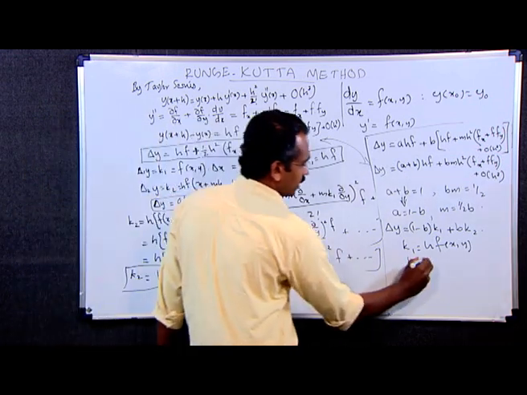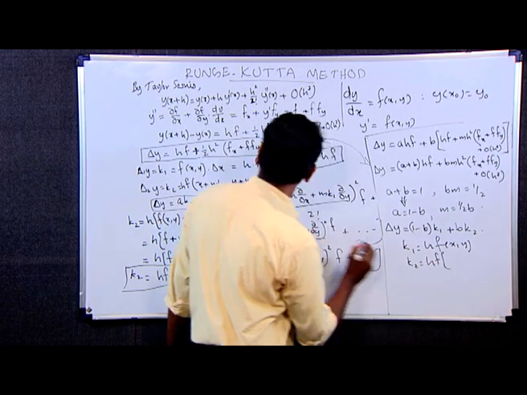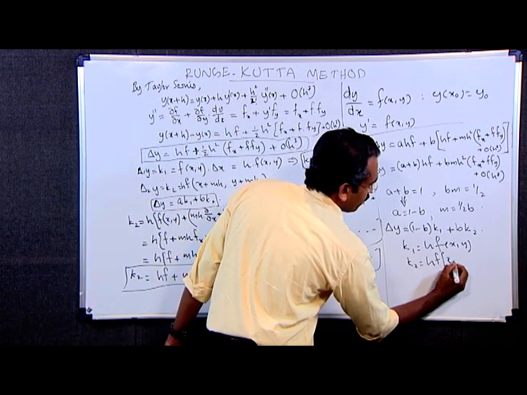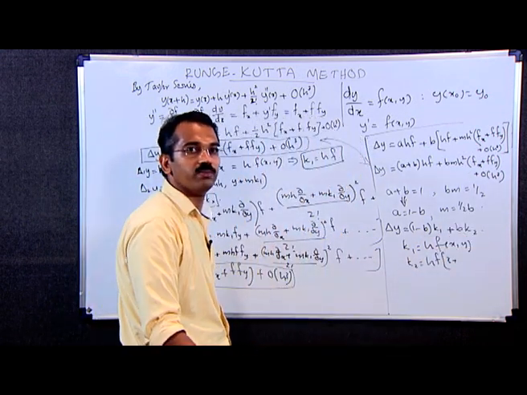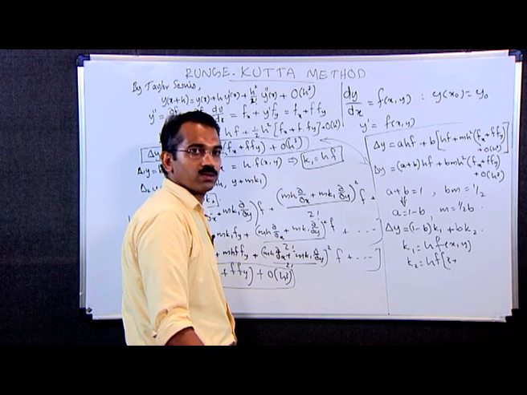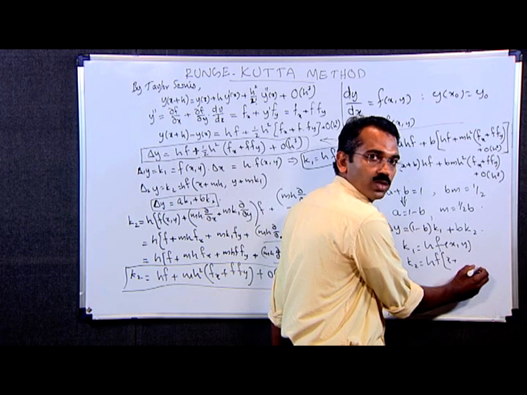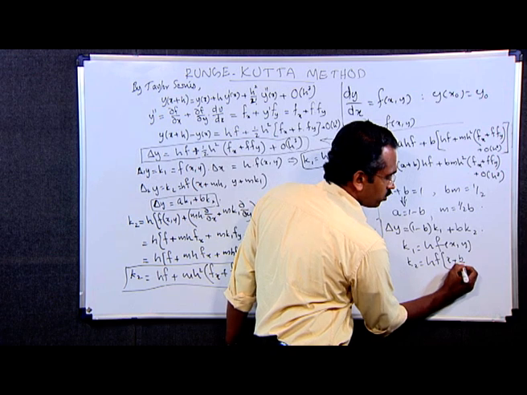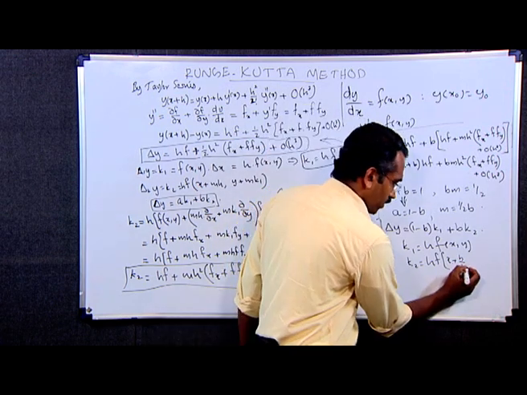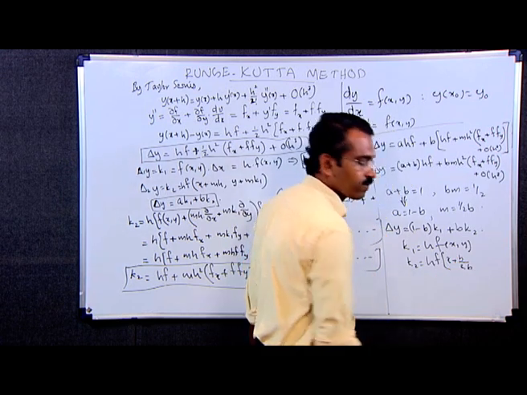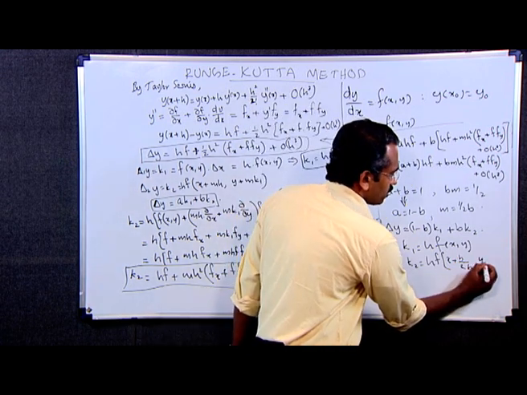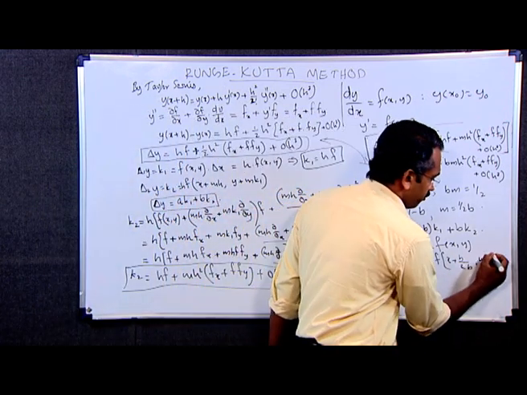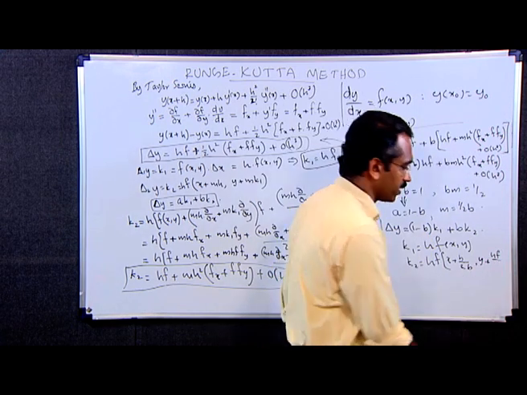Therefore, k2 is h into f of x plus mh, where m is 1 by 2b, that is x plus h by 2b, comma y plus mk1, that is hf divided by 2b.